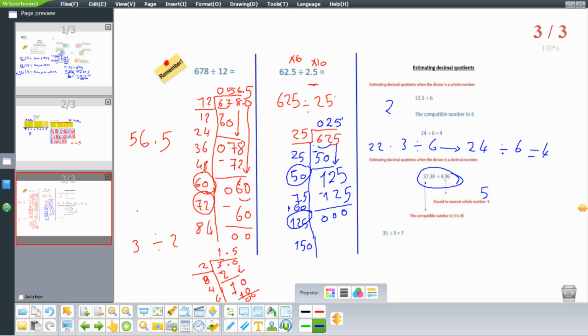If I'm looking for the number compatible to 37.38 that can be divided by 5, it will be 35. 35 divided by 5 equals 7. So the dividend will be 35, after looking for a compatible number for 37. 35 divided by 5 equals 7. And this is the end of the division. Thank you.